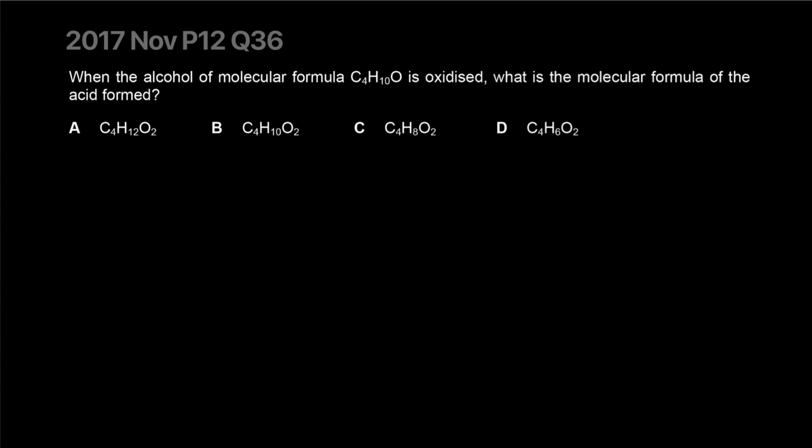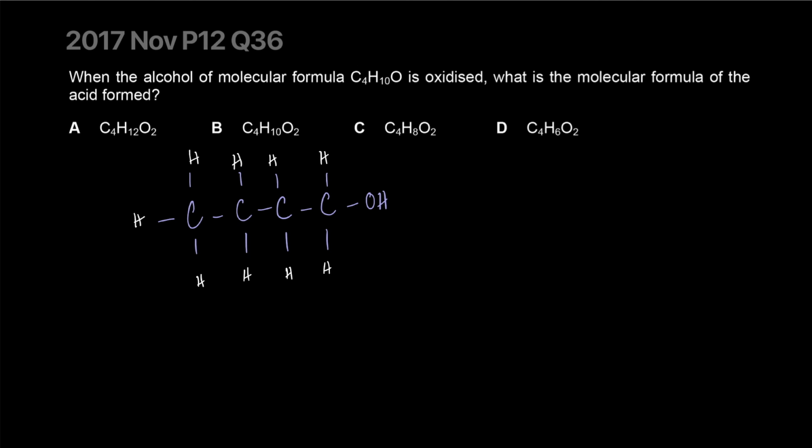When the alcohol of molecular formula C4H10 is oxidized, what is the molecular formula of the acid formed? So let's figure it out. You have 1, 2, 3, 4 carbons, and I think this is the molecule they're talking about, with hydrogens attached.